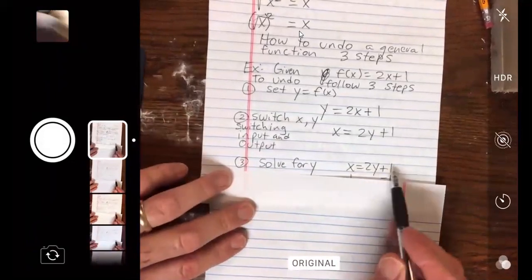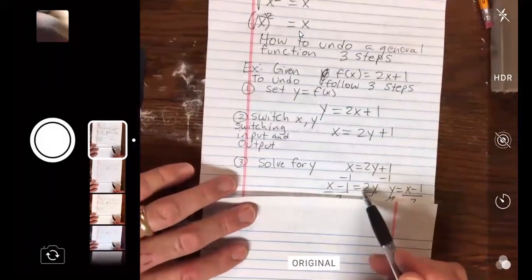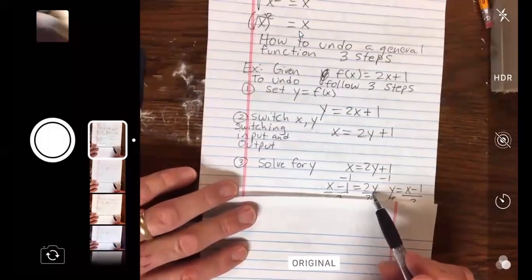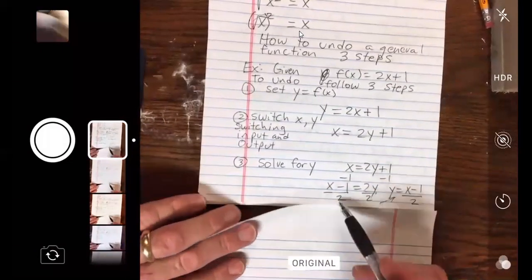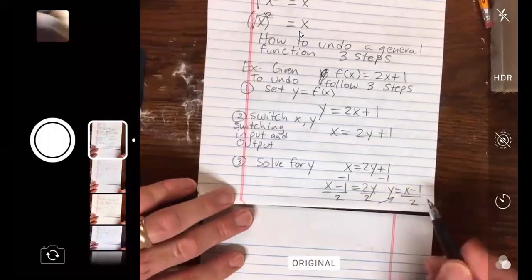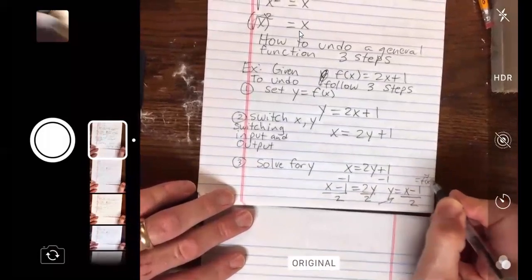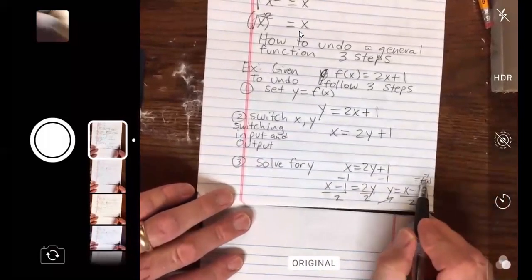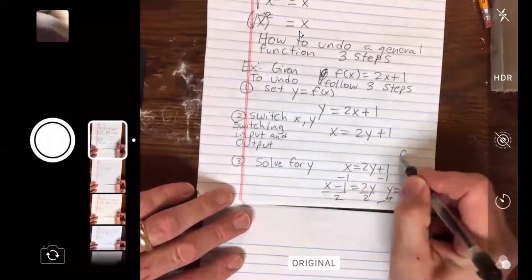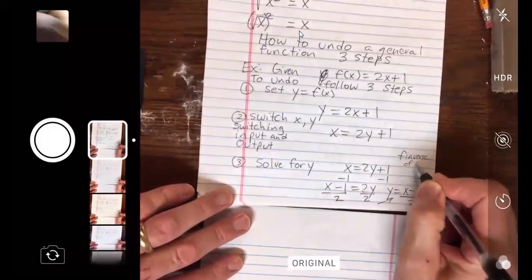On this one, you subtract 1 from both sides, giving you x minus 1 equals 2y. Then you divide both sides by 2 to get rid of that 2, and you wind up with this formula. We're going to call that the inverse function, and they use this f minus 1 notation. It's read f inverse of x.